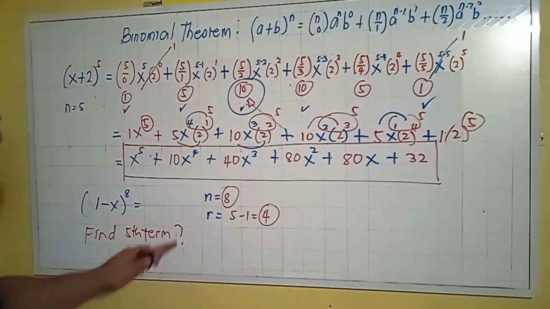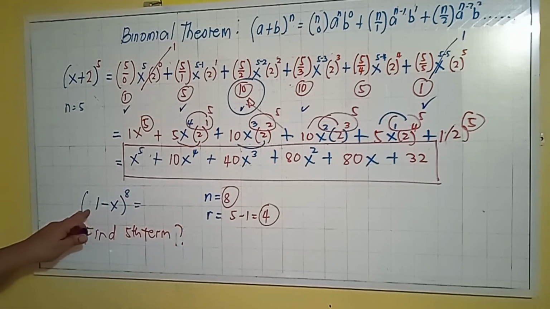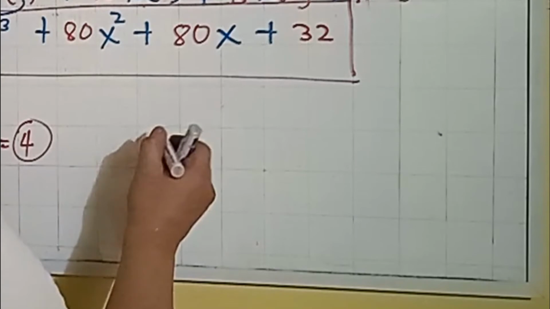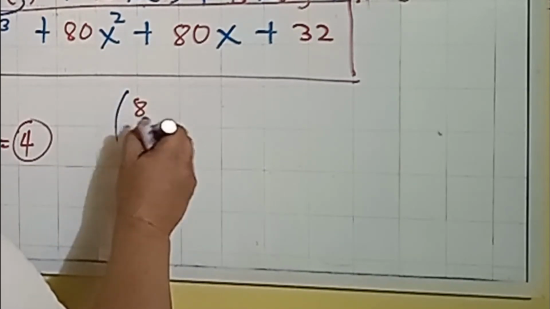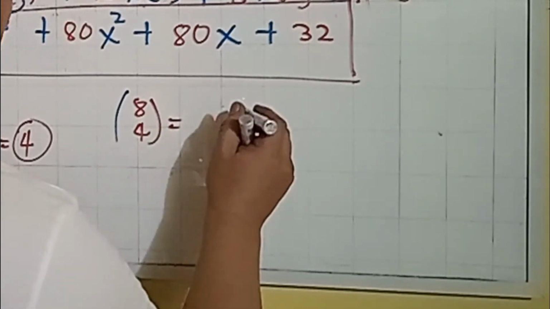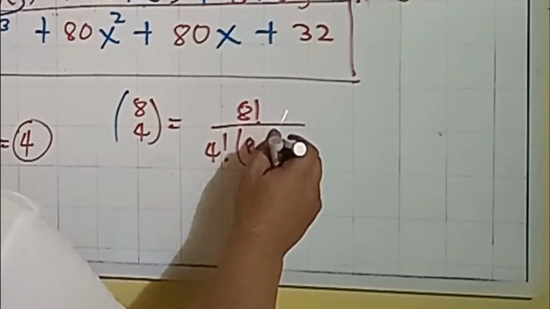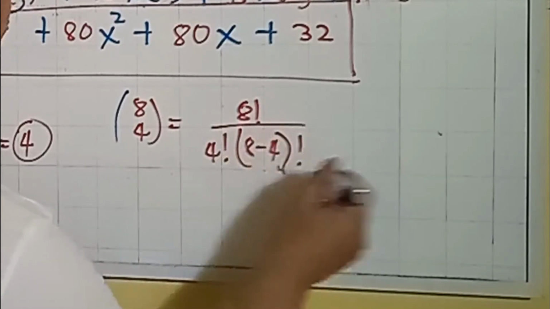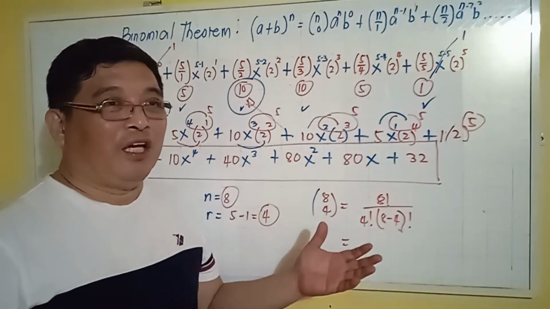So, how to solve it? Alam na natin yung combinations formula. So, let's look for the numerical coefficient of the 5th term of 1 minus x raised to 8. Pwede kayong gumamit ng calculator using n factorial.